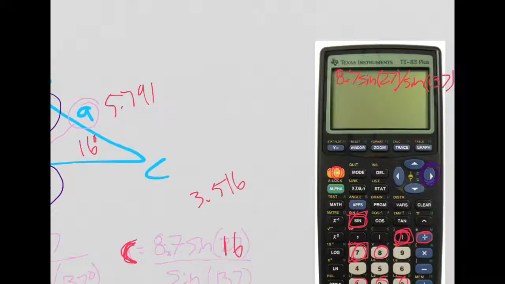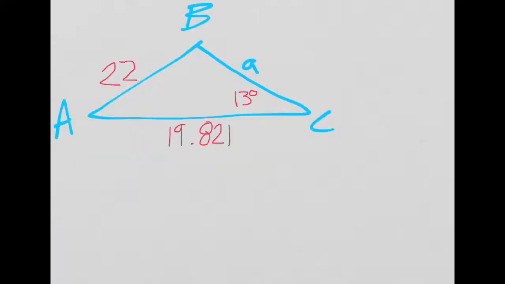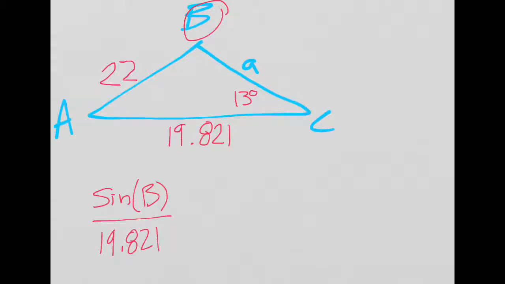Now let's look at the other case, where we know two sides and one angle. Let's use this to find the only thing we can, angle B. Since we're searching for an angle, we're going to set up our expression as the sine of angle B, the thing we want in the numerator, divided by the thing that is opposite of that, which is 19.821, equals the sine of some pair of opposites that we know. We know the angle is 13 degrees, and the side opposite of that is 22.